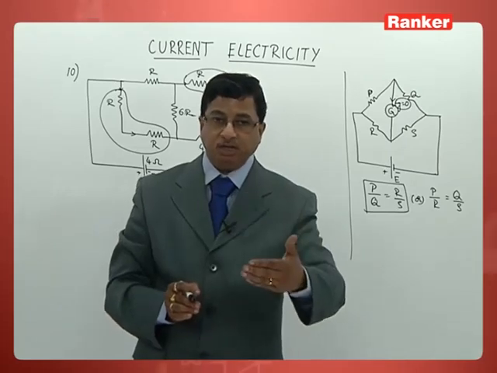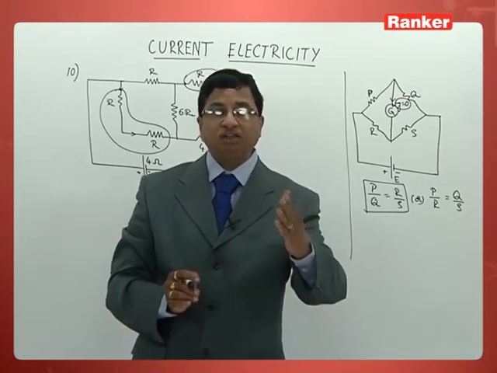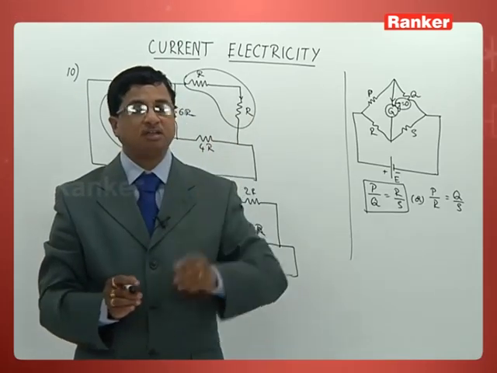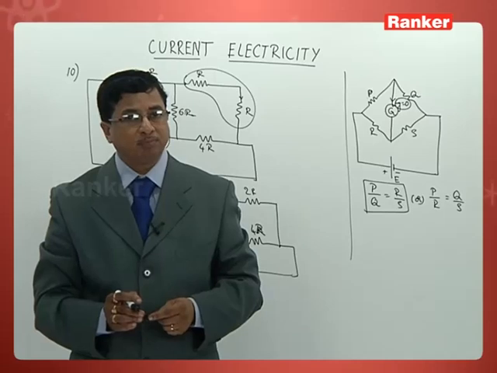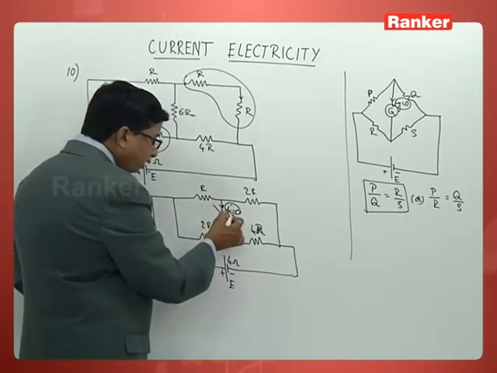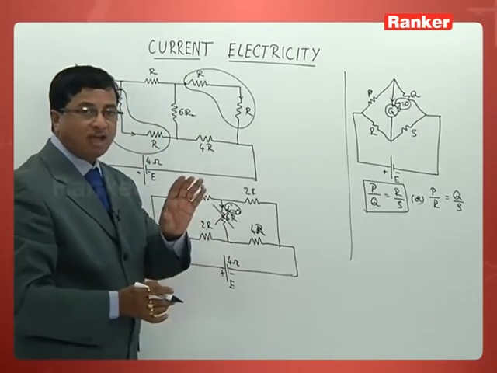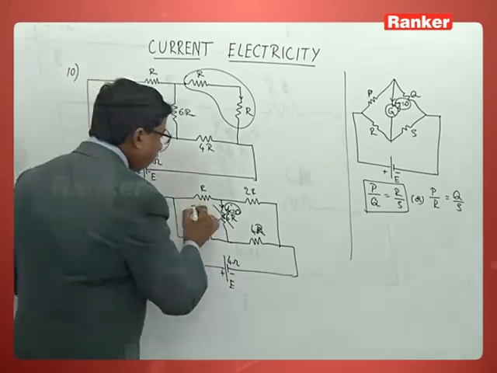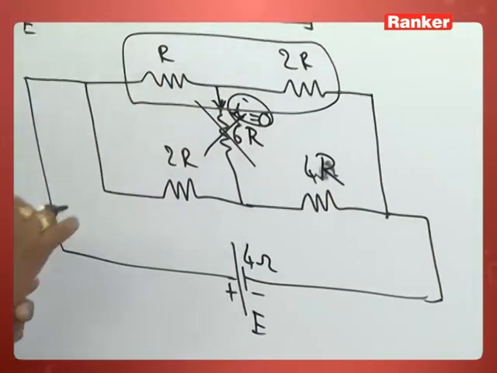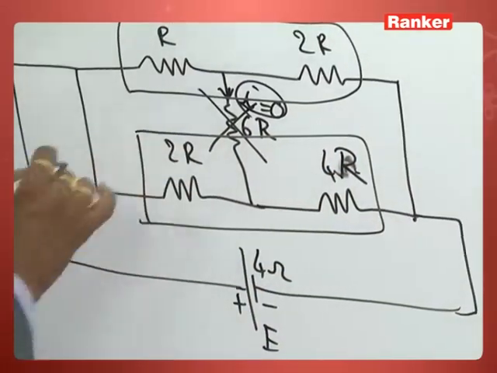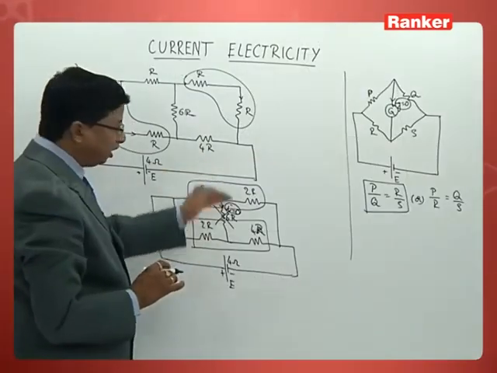Whenever a wire is there of resistance R, unless current passes through that, we should not consider that resistance anymore. So the moment 6R is not carrying any current, what is understood? These two resistors are connected in series, and both are connected in parallel.